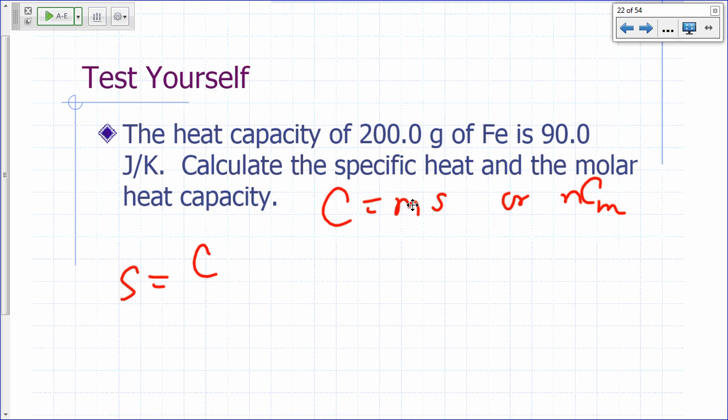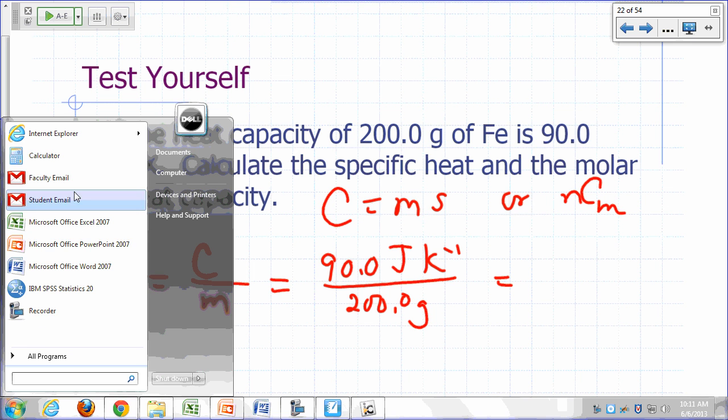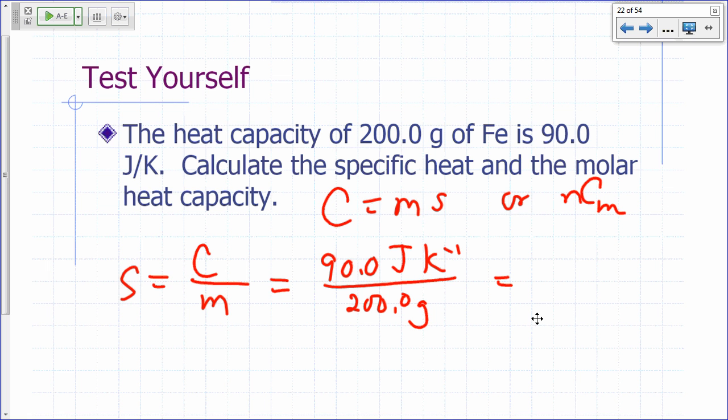It's just heat capacity divided by the mass. Our heat capacity is 90.0 joules per Kelvin, and our mass is 200.0 grams. So what's 90 divided by 200? 0.45 exactly.